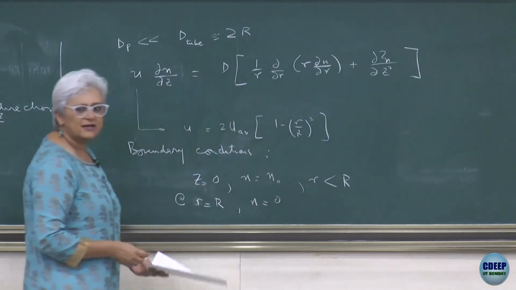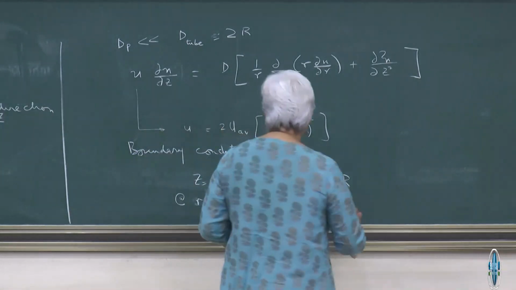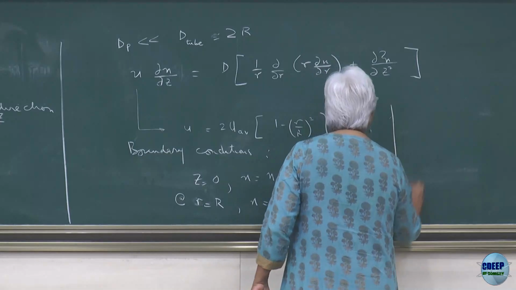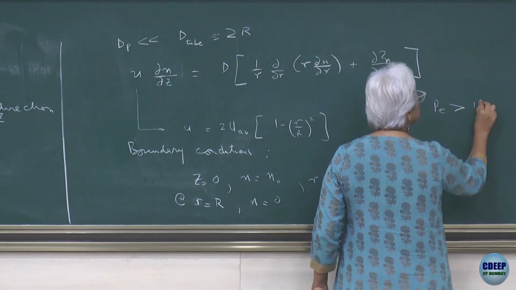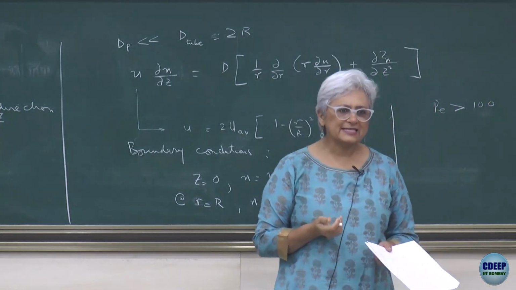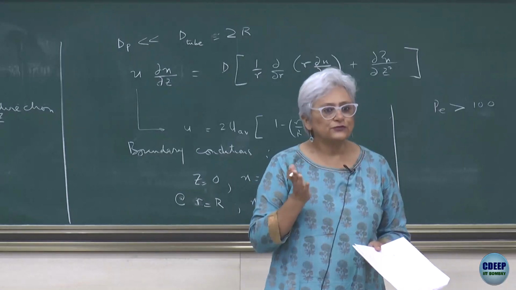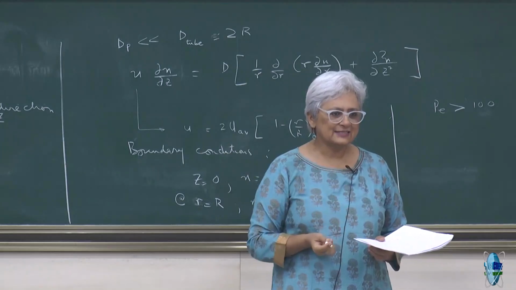So, these are our conditions, and we have this idea that for Peclet number greater than 100, we have, as we said, particle diffusion in the radial direction and flow in the axial direction.